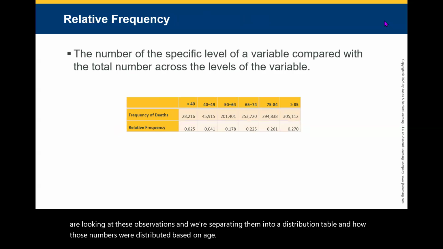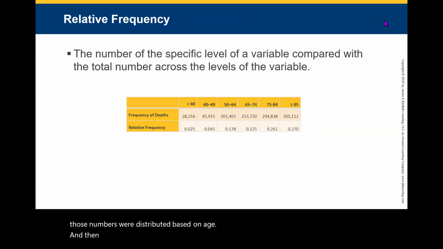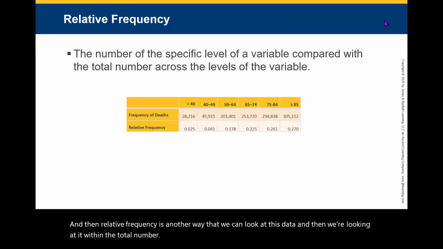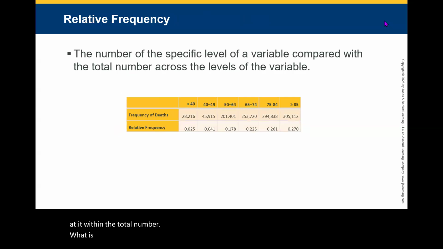And then relative frequency is another way that we can look at this data. And then we're looking at it within the total number. What is the relative frequency of individuals 40 to 49 years of age? Okay, so here we're looking at, out of all of those, what's the relative frequency of being 40 to 49?